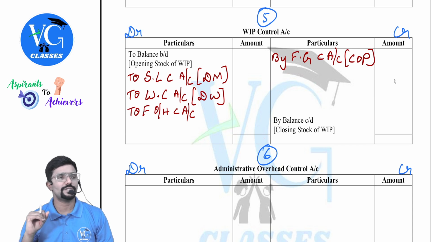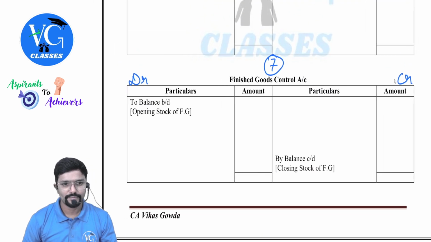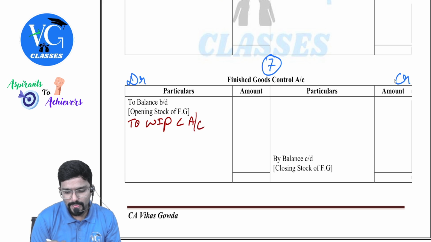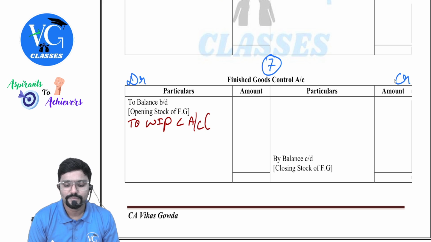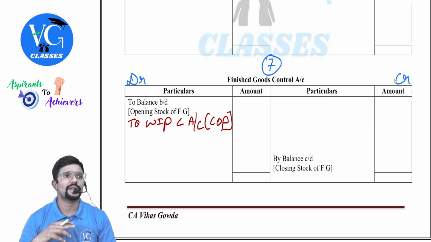Finished goods control account, to the giver, that is WIP control account. To WIP control account. This is also COP, cost of production.